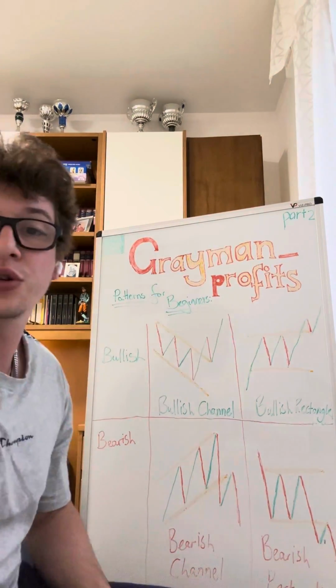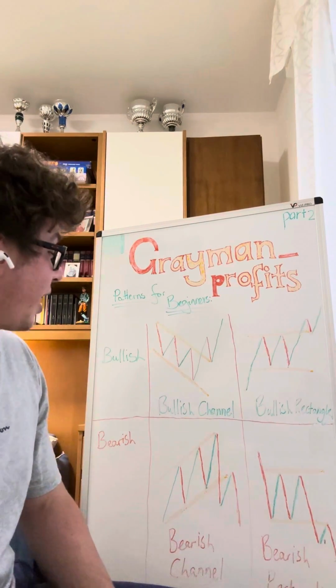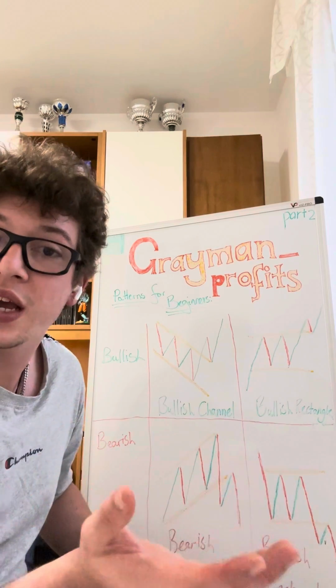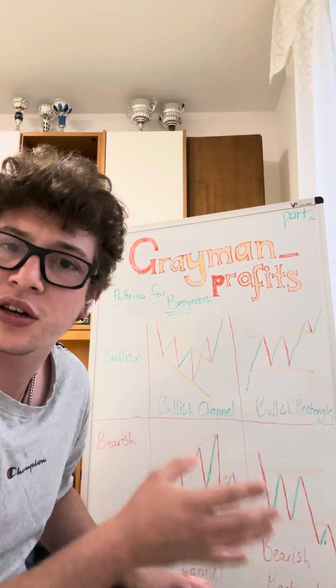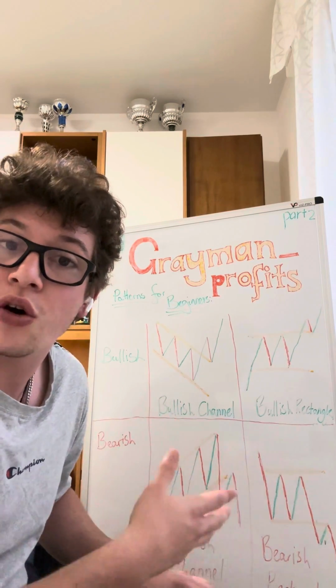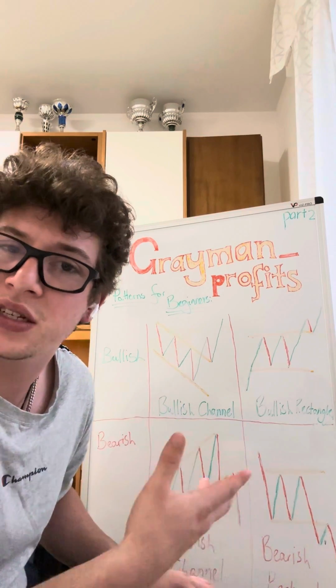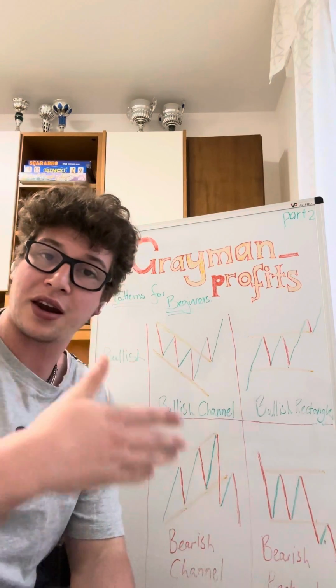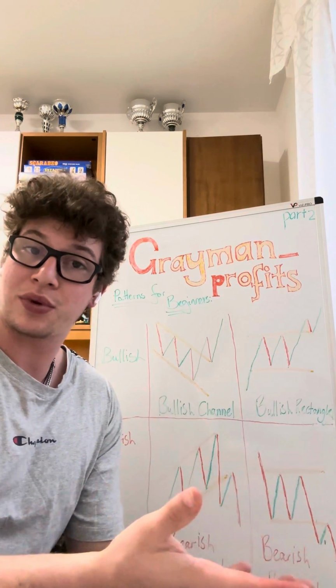The first one I want you to familiarize yourself with is actually the bullish channel. This is quite easy to analyze, and you'll see it in the market quite frequently. These are not indicators of large breakouts, but more breaks of structure, so that you can go, okay, I can analyze why this has happened.